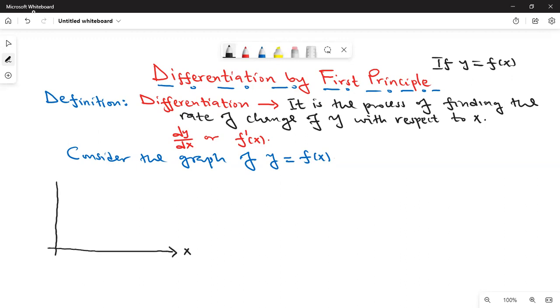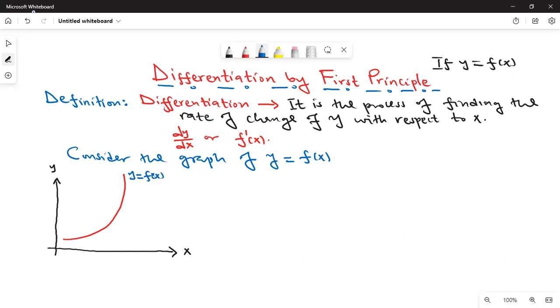So this is x-axis and this is y-axis. Then let's say our graph is something like this. Let me draw a better one, should be just a curve like this. That is y is equals to f of x.